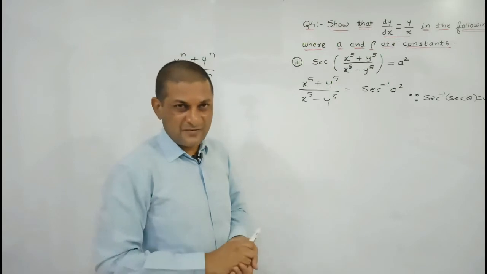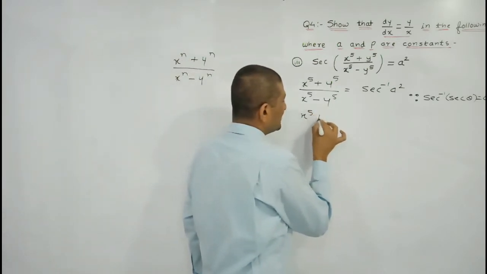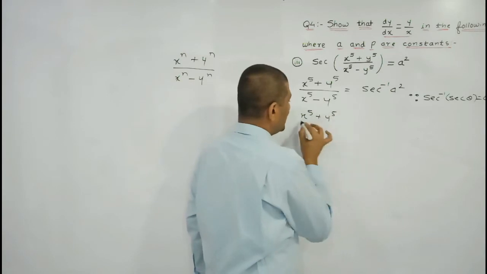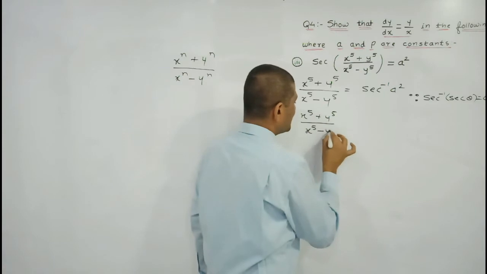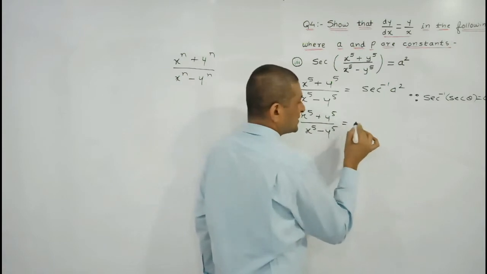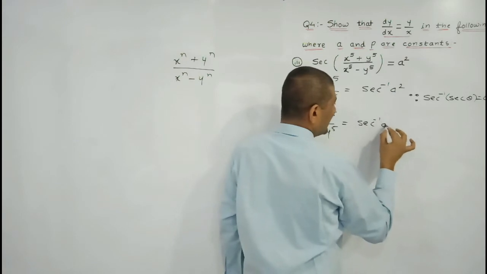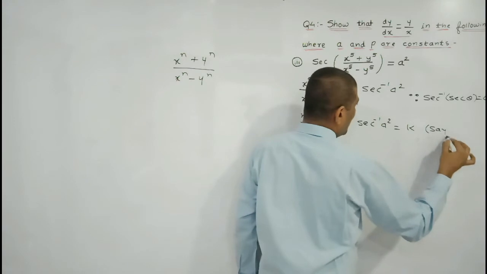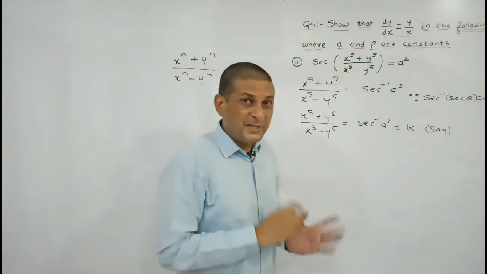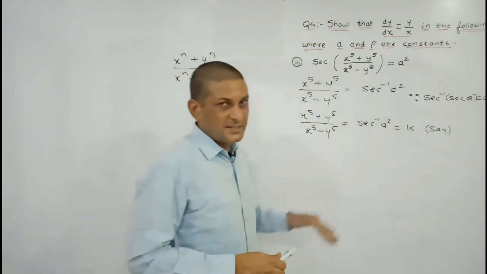Now let us simplify it. So here x raised to power 5 plus y raised to power 5 divided by x raised to power 5 minus y raised to power 5, keep it as it is. On this side, this sec inverse of a square I am denoting simply by k. Let us denote it by what? k. So for simplicity, after denoting this constant term by k, let us simplify it.